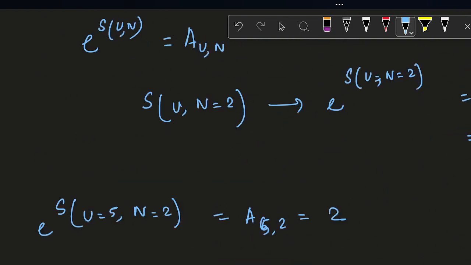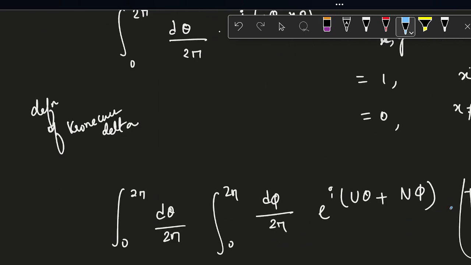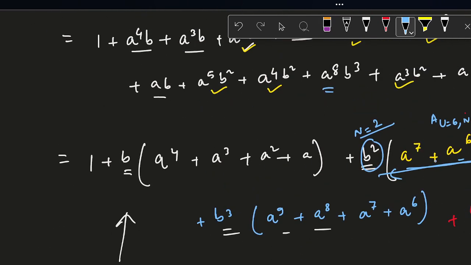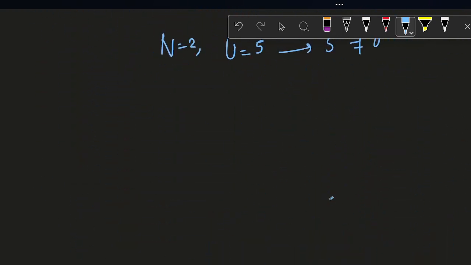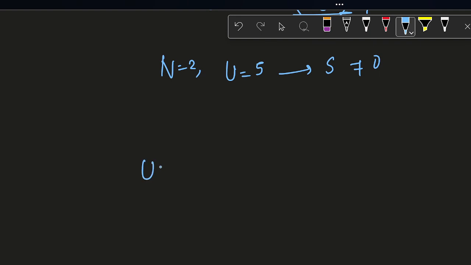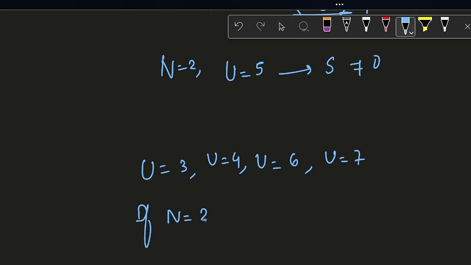For all the other cases we saw that the coefficient values are all 1. That means for all a7, a6, a4 and a3, so 3, 4, 6 and 7, all these 4 options, that means e equal to 3 or e equal to 4 or e equal to 6 or e equal to 7, if your total number of particles is fixed at 2, then the coefficient value of u comma n is 1.